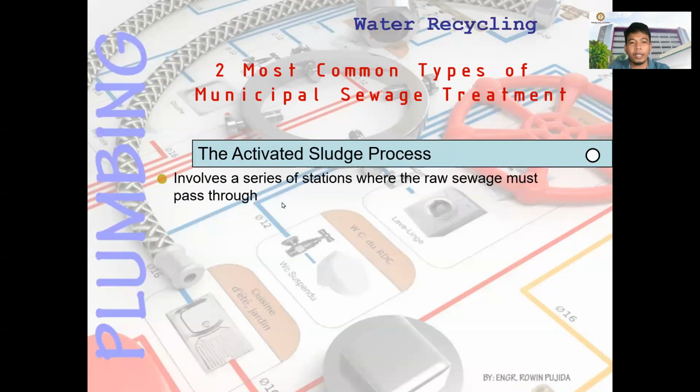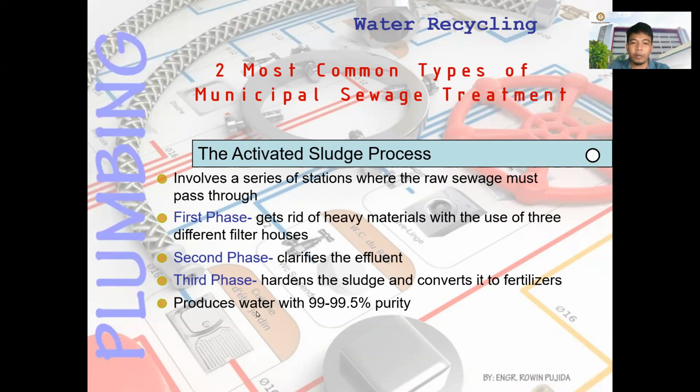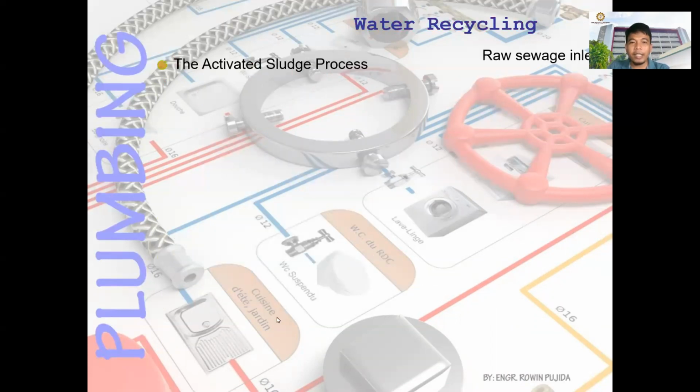In the first phase, it gets rid of the heavy materials with the use of 3 different filter houses. For the second phase, it clarifies the effluent. For the third phase, it hardens the sludge and converts it to fertilizers. It produces water with 99.5% purity.